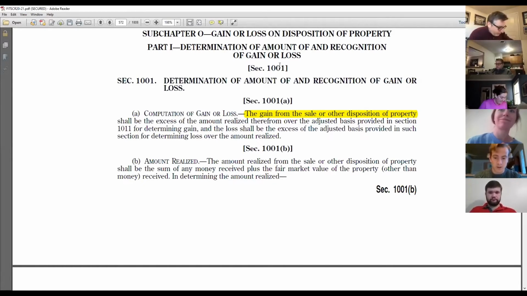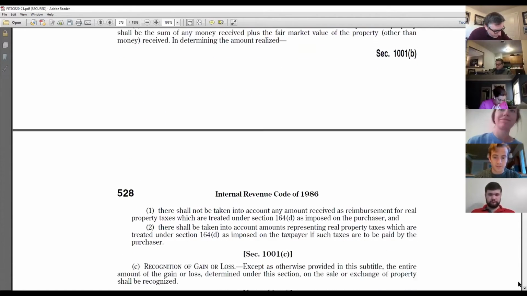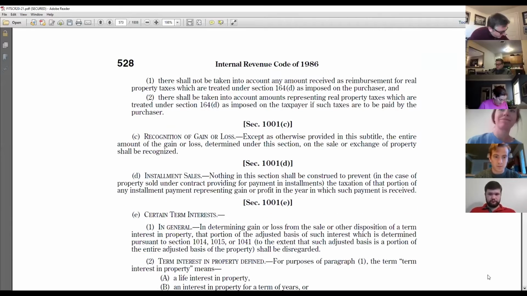And then when you go down to 1001(c), it tells us, except as otherwise provided in the subtitle, the general rule is the entire amount of the gain or loss realized shall be recognized. And we know from Tax 1 that gain that is recognized is included in gross income unless there's an exclusion that applies.